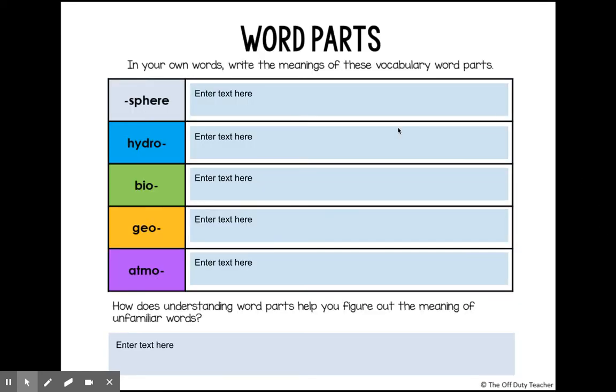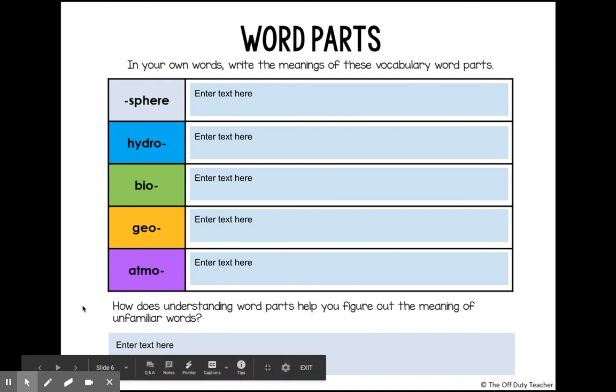Okay, next I want you to think about what I told you about the meaning of the word sphere, which is a globe or a ball, hydro, which refers to water, bio, which refers to living things and living organisms, geo, which means rocks or soil or ground, and atmo, which means gases and air.